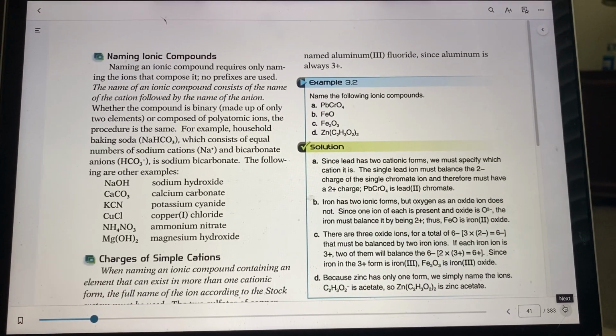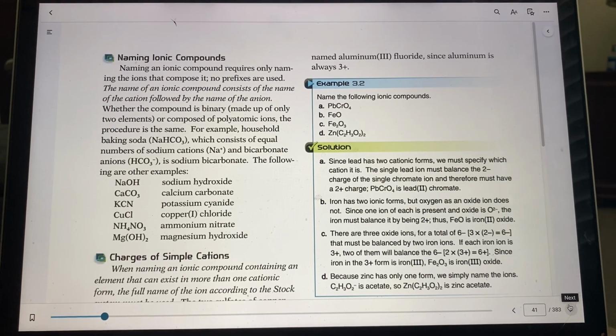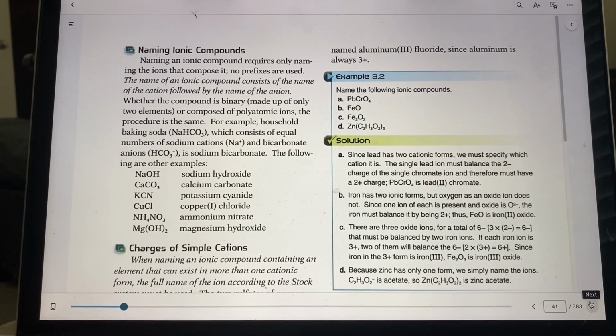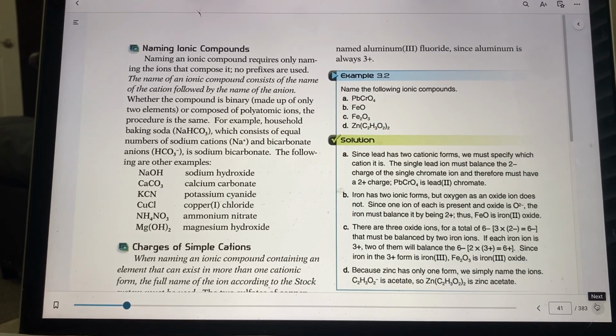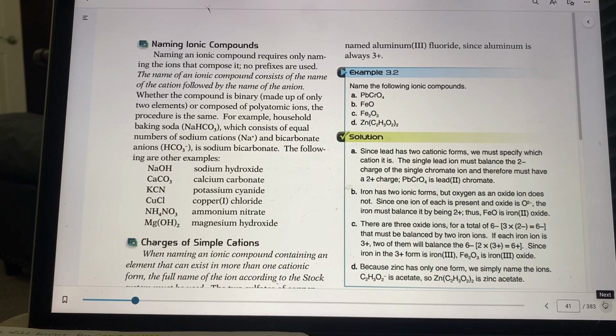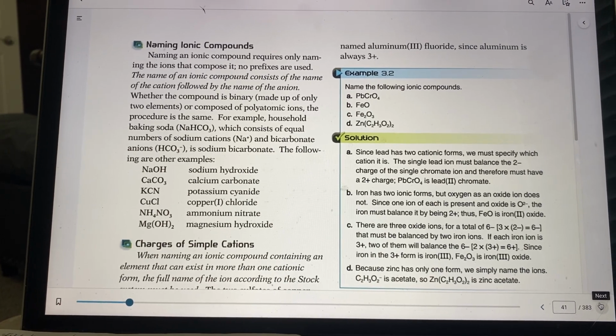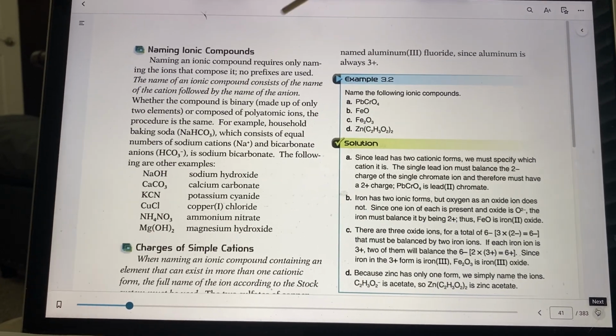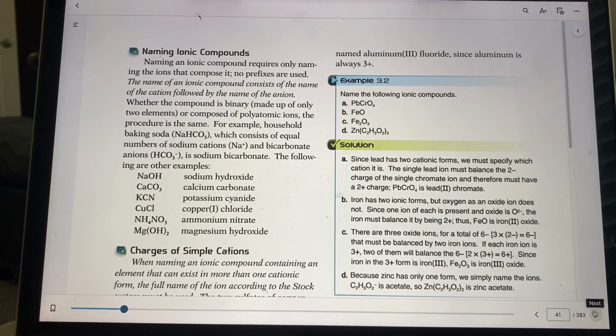Naming ionic compounds. Naming an ionic compound requires only naming the ions that compose it. No prefixes are used. Remember, like di, tri, tetra, they're not going to use those. The name of an ionic compound consists of the name of the cation followed by the name of the anion. So it's going to be easier in that way.